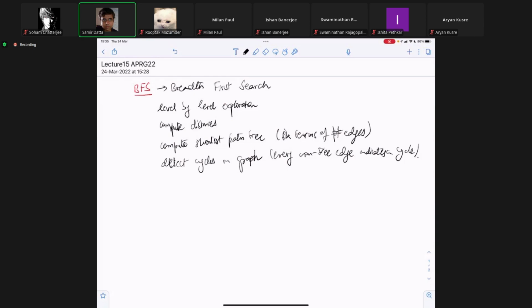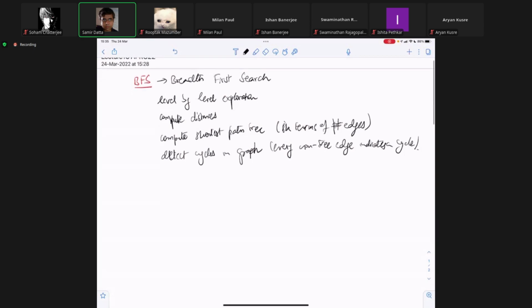Now we are going to see another paradigm for exploring graphs, which is called DFS or depth first search. In BFS, what you did was you looked at the vertices level by level.